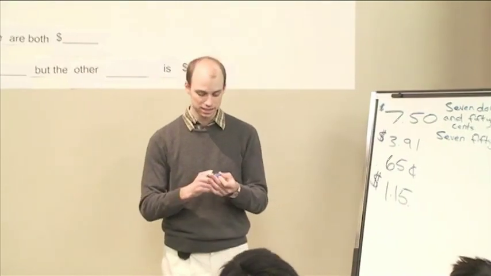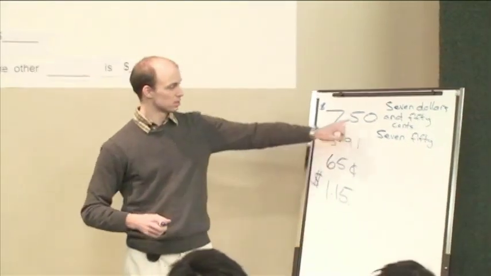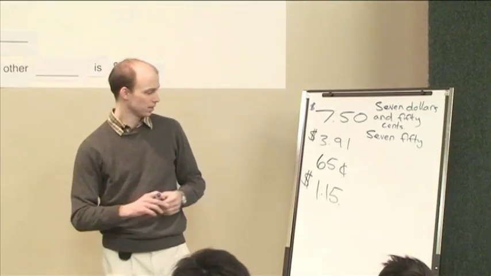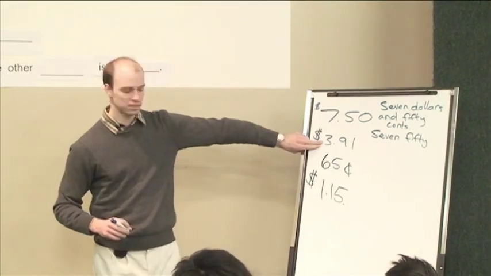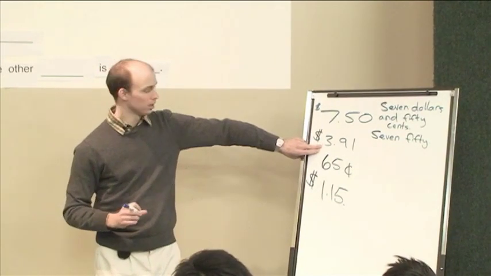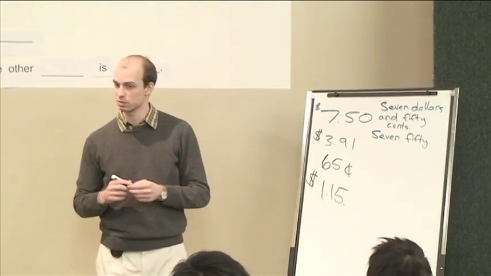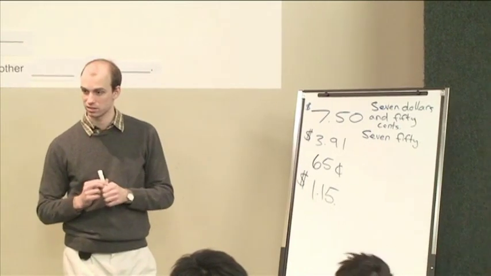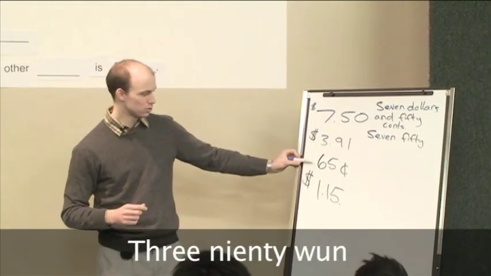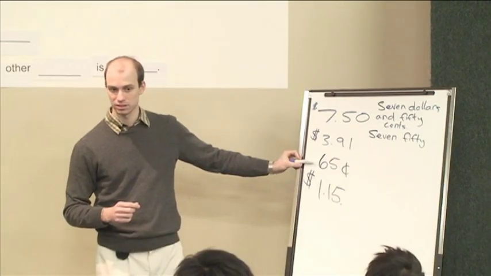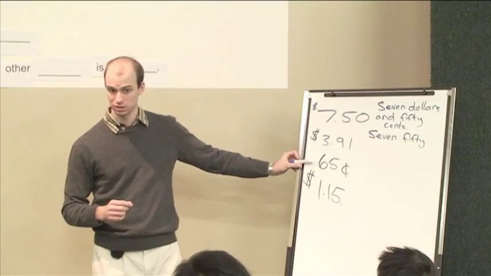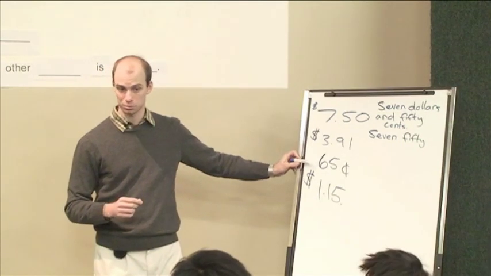Which has the exact same meaning as $7 and 50 cents. Okay? So, can somebody say this number again? $3.91. Okay. What's the other way you can say this? What's the short way of saying this? $3.91. Good. What would you do for this one? 65 cents. Right. Okay. Is there a short form for this one? What would this short form be?